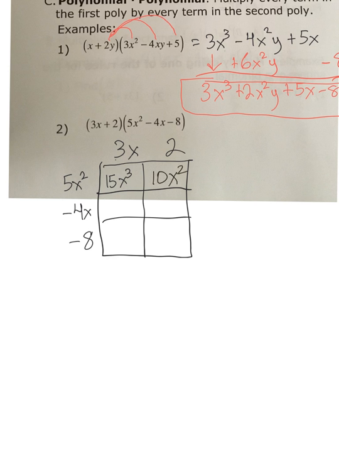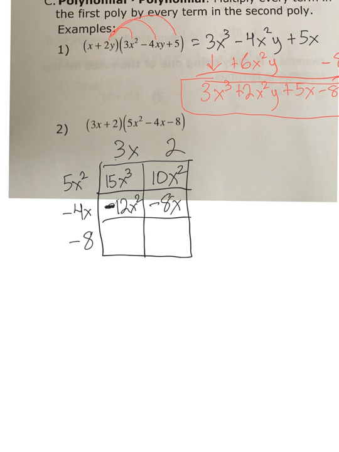Good. Then we got 3x and negative 4x. Negative 12x squared. Excellent. That should be a negative sign, sorry. And then we have 2, and then we have negative 4x. So what do we get there?